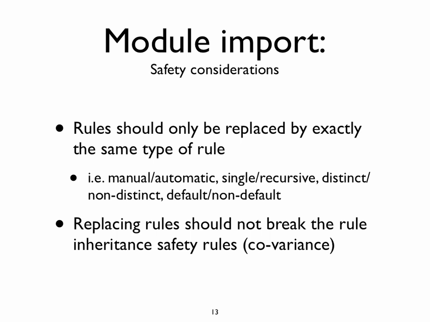So again we have to enforce some safety constraints: rules should only be replaced by exactly the same type of rule. So manual or automatic, single or recursive, distinct or non-distinct elements, default or non-default. The reason why we only store them by name is that otherwise you get really complex inheritance statements that require much more than just the name of the super rule. So we want to keep it simple and we just constrain this.